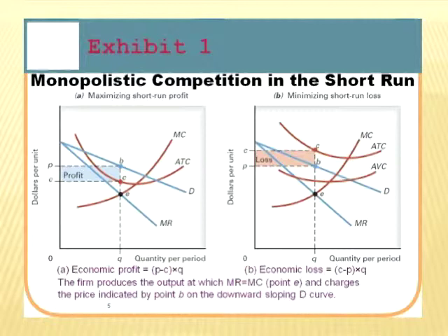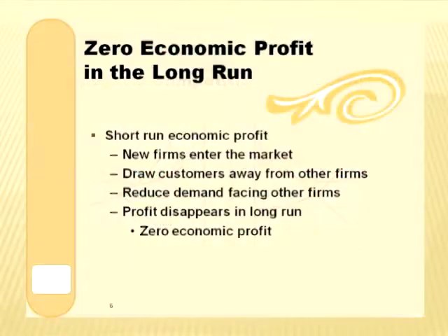In frame B, the demand curve is between the average total cost curve and the average variable cost curve. And so as a result, we incur a loss, and so we're loss minimizing. So the only difference between these two is what's going on with the revenues. There's not any difference in terms of the cost of these two.